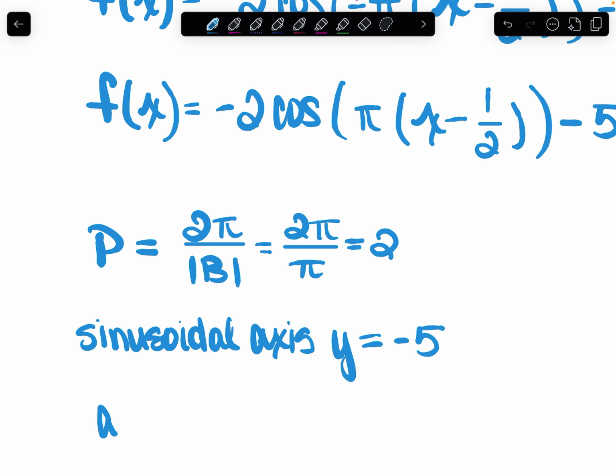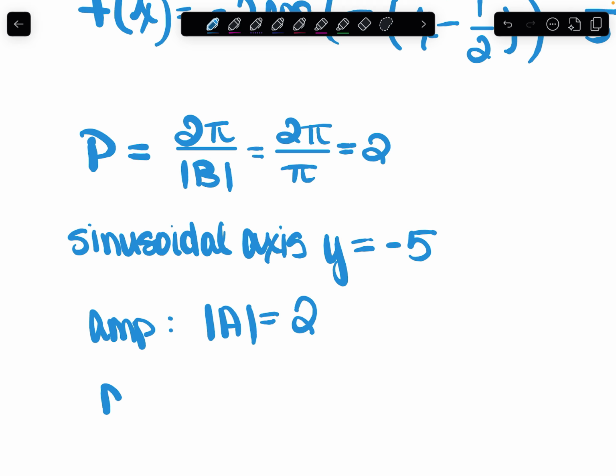Amplitude, or wave height, is the absolute value of A, which is 2. Remember, amplitude can't be negative. So from -5, we go up 2, so -3 is our high, and then we go down to -7, which is our low.